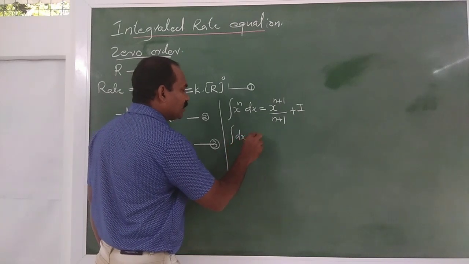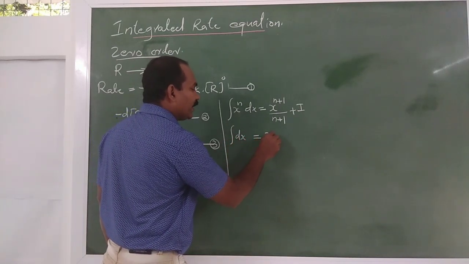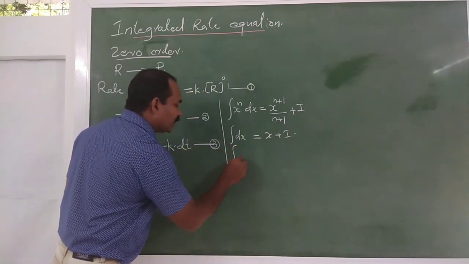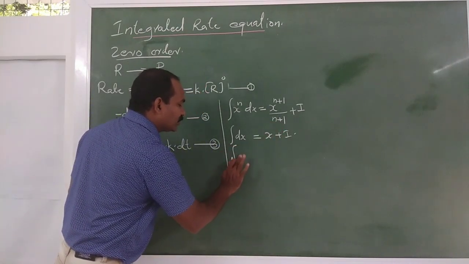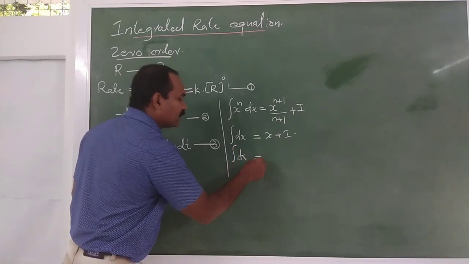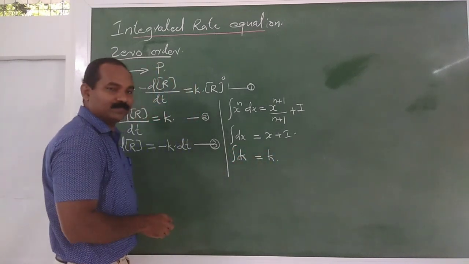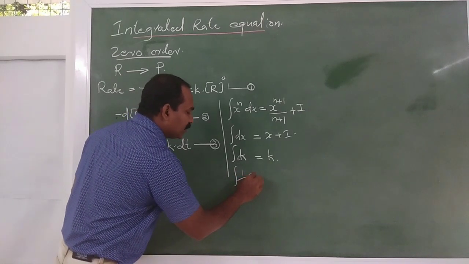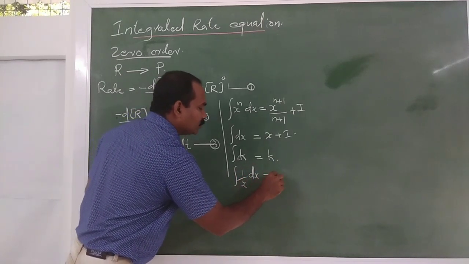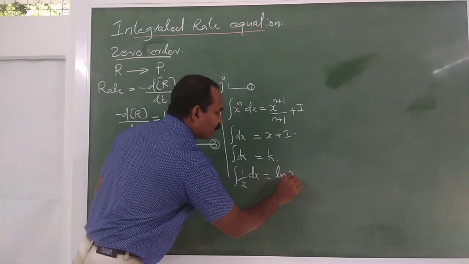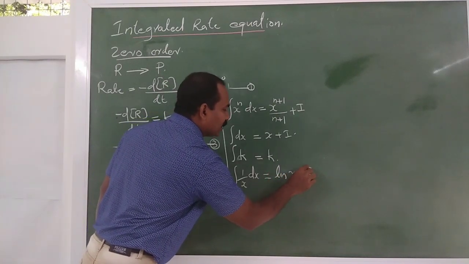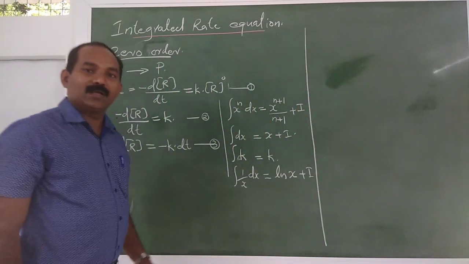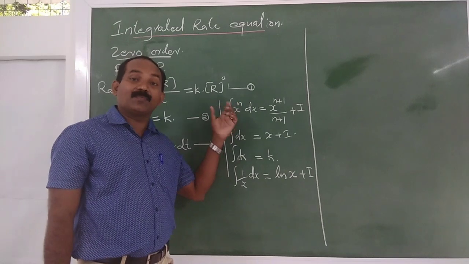Integral dx is equal to x plus I. Integral of a constant k is k itself times x. Integral of 1 by x dx is equal to natural logarithm of x plus the integration constant.